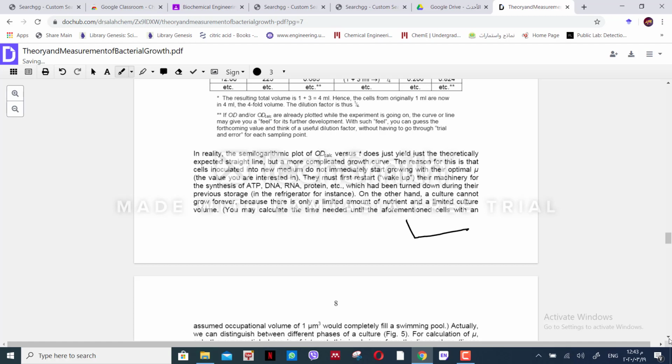When we talk about growth rate, we know that we have a lag phase, then log phase, then stationary, then death phase. So we need more time here.